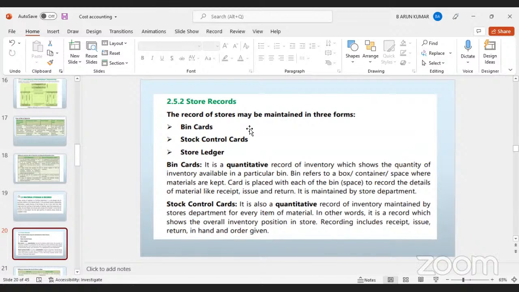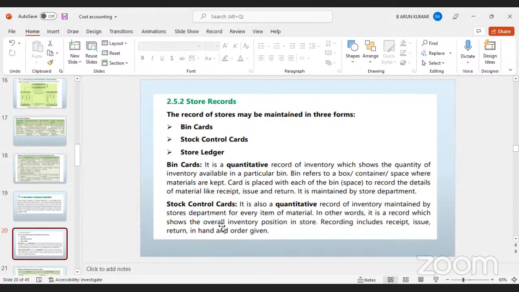So likewise, we maintain the bin card. In that bin card, it shows how many quantities are there now, how many are issued, and how many are returned.